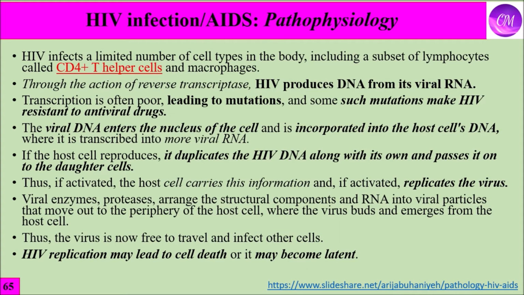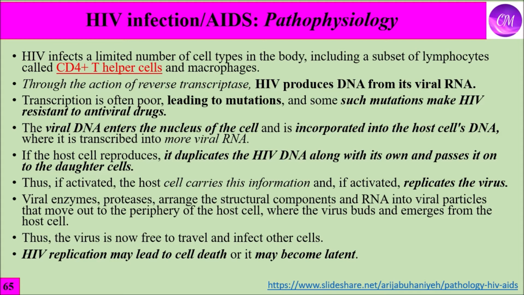HIV infects a limited number of cell types in the body, including a subset of lymphocytes called CD4 positive T helper cells and macrophages. Through the action of reverse transcriptase, HIV produces DNA from this viral RNA. Transcription is often poor, leading to mutations, and some such mutations make HIV resistant to antiviral drugs.